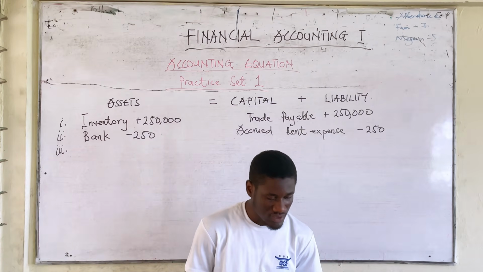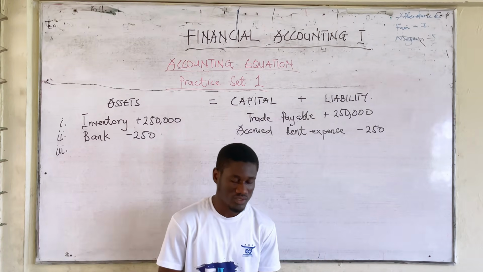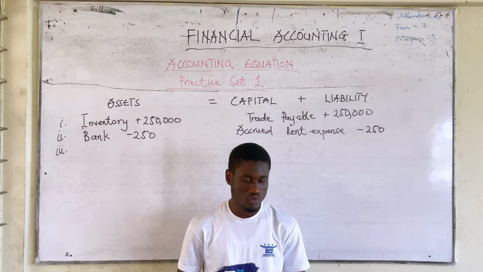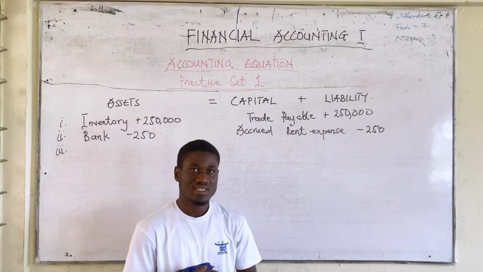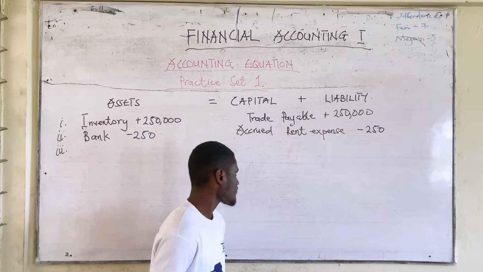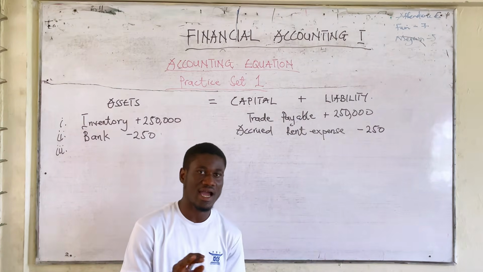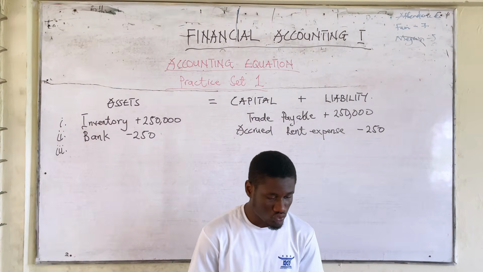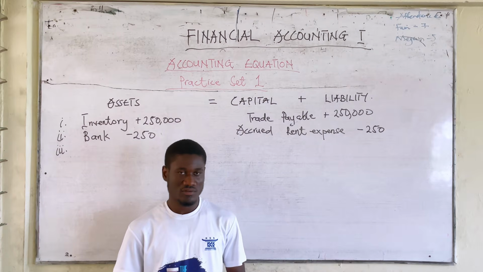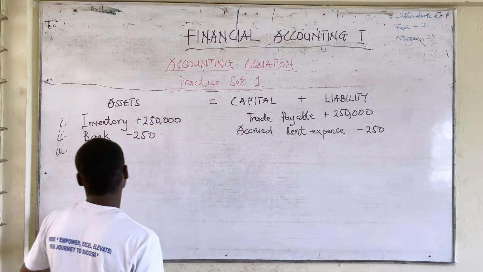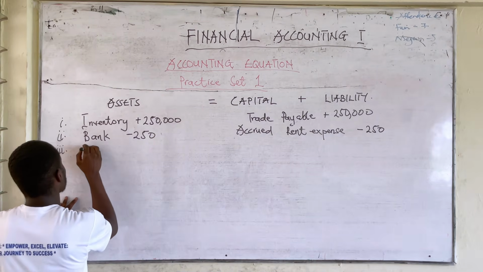We sold goods costing 50,000 on credit for 90,000 to Anas. So here we have to identify the accounts involved. We know that sold goods, so inventory is involved, and trade receivables is involved. But we introduce something too. We know that trade receivable is an asset.